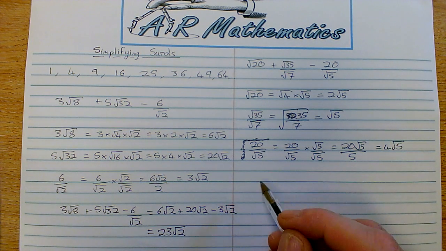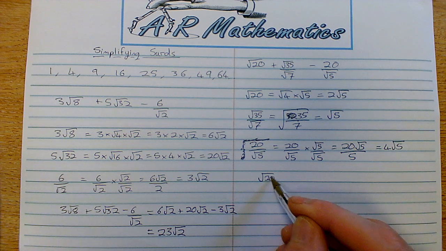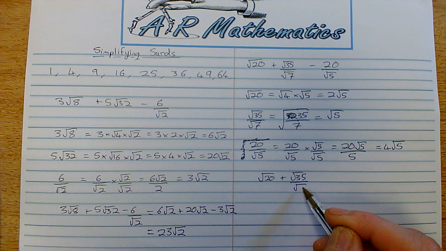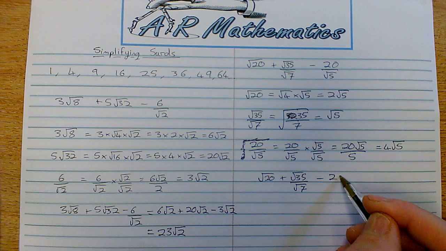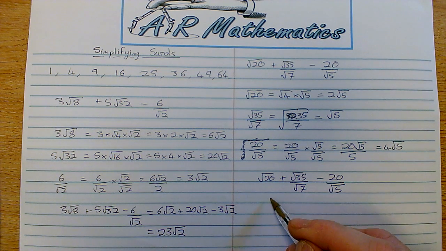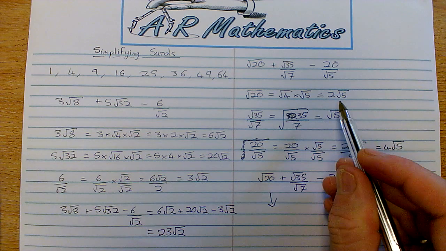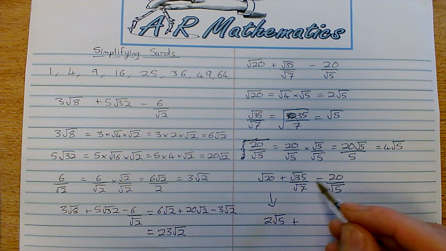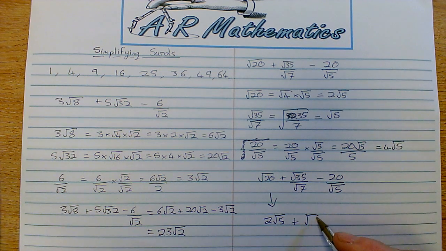And then we just answer our question. So root 20 plus root 35 over root 7 minus 20 over root 5. Well, we know that root 20 is 2 root 5, plus root 35 over root 7 is root 5.